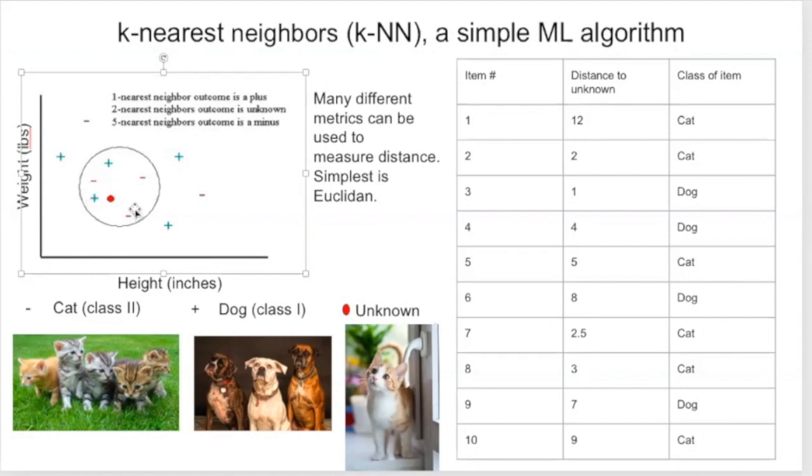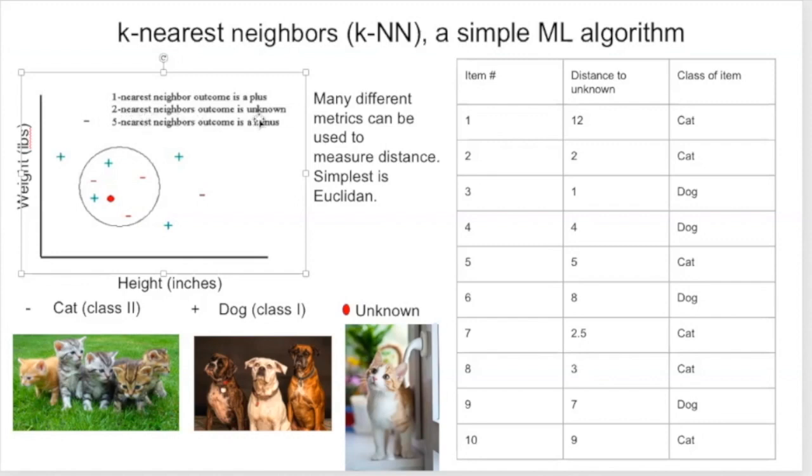So what happens if you look at two neighbors? Two closest neighbors, these two. One is a cat and one is a dog. So you cannot say anything, right? There is one vote that comes from the dog and one vote that comes from the cat. Two things that are really close to each other. You really cannot say anything. Oh no, I'm sorry, I cannot make a prediction. But what if you include 5 neighbors in the circle?